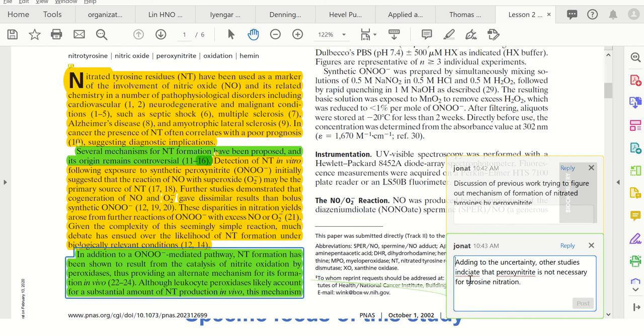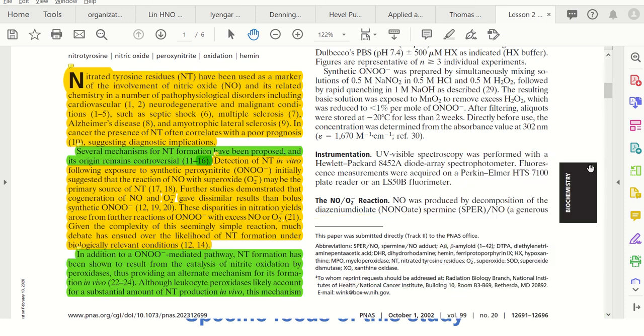Other studies indicate that peroxynitrite is not necessary for tyrosine nitration. So that's interesting. That gives a second, completely different mechanism by a completely different pathway in which nitrated tyrosine formation may occur. That indicates there are at least two competing pathways in the literature.